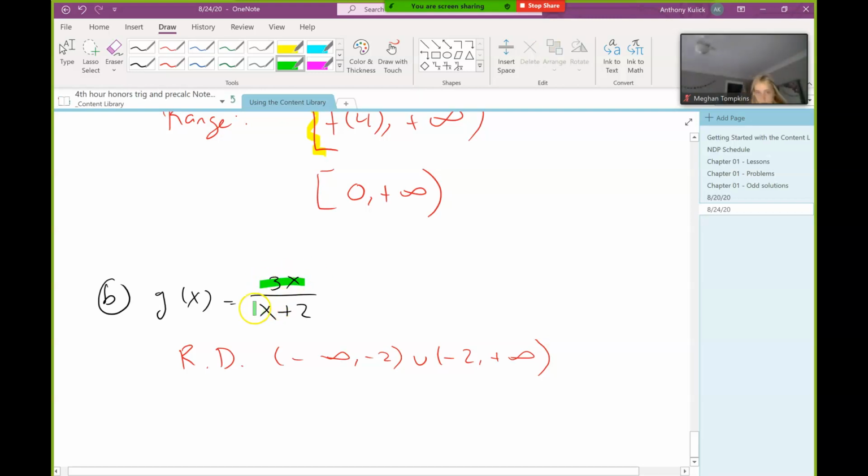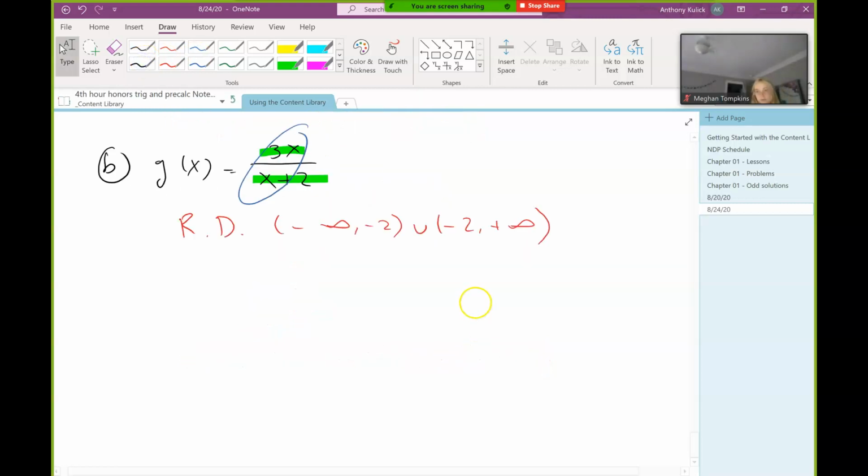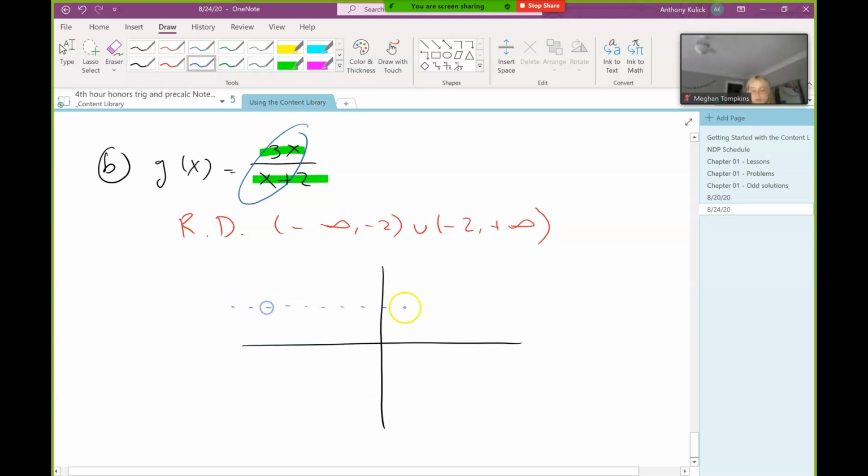Since I have a degree 1 polynomial over another degree 1 polynomial, that horizontal end behavior is just going to be the leading coefficient of the numerator over the leading coefficient of the denominator. So if I was to think about the graph of this, I'd have some kind of horizontal end behavior here at y equals 3.